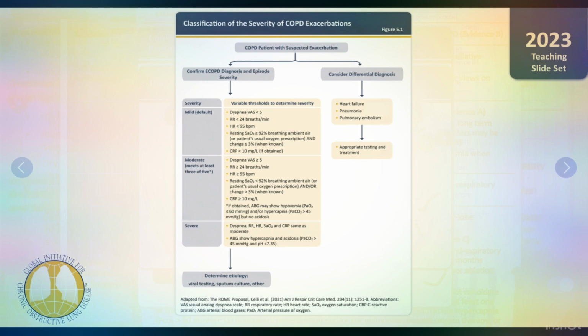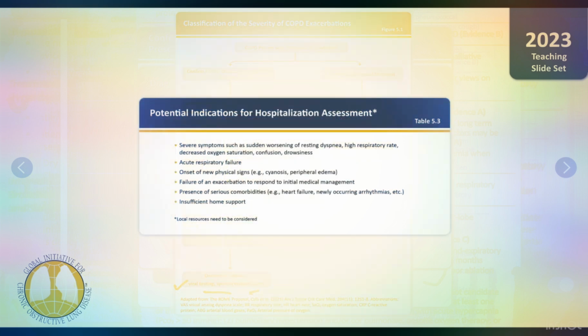Then they are talking about determining the etiology. To confirm what could be an infectious cause, we should do viral testing, sputum culture and other things. After that they are telling about potential indications for hospitalization assessment.